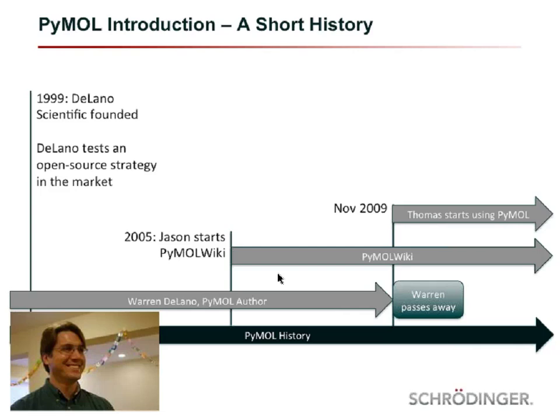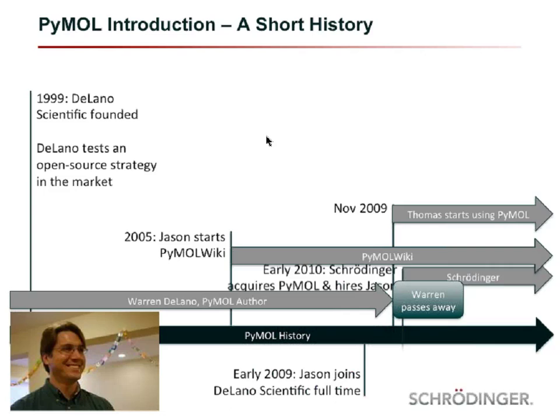Jason got hired by Warren in early 2009, and then when Warren passed away, it was obvious that this good software had to be continued, the good development and the good concept.